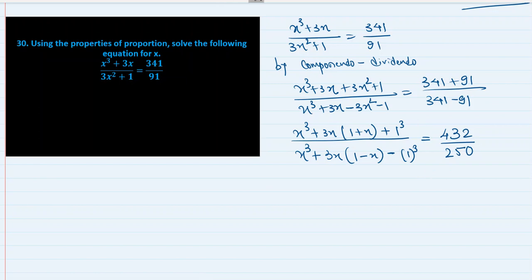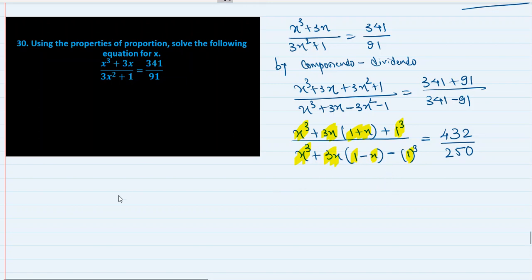Now I want you to remember the identities which you have studied in algebra, expansion and factorization. a cube plus 3ab bracket a plus b cube, a cube plus 3ab bracket a minus b cube. Do you remember the identity?